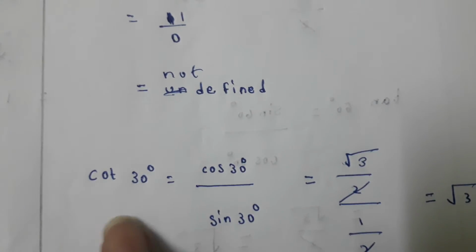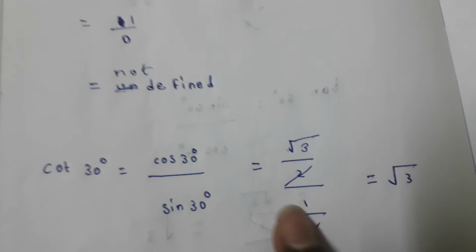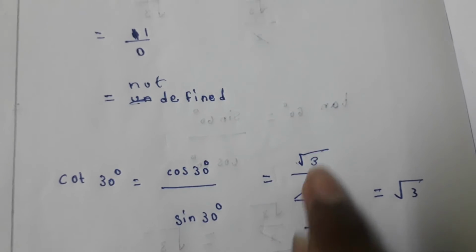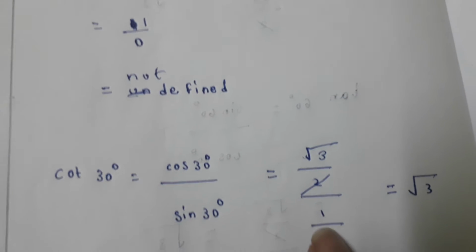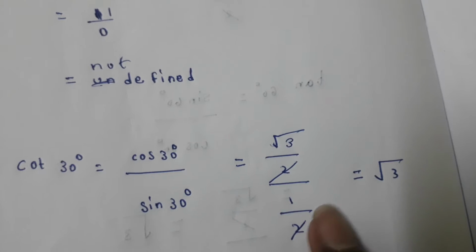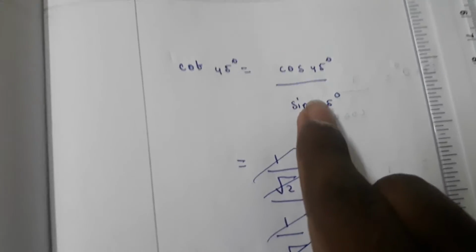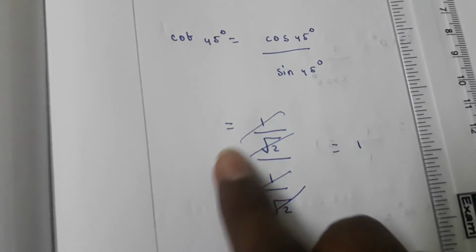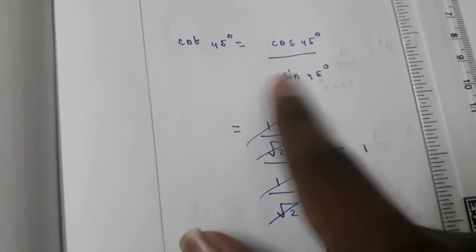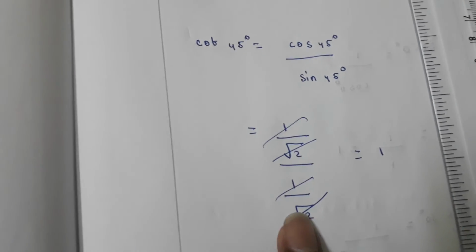Now cot 30 means cos 30 by sin 30. Cos 30 is root 3 by 2 and sin 30 means 1 by 2. So 2 and 2 will be cancelled, and the remaining is root 3. Now cot 45 is cos 45 by sin 45. Cos 45 means 1 by root 2, and sin 45 also 1 by root 2.